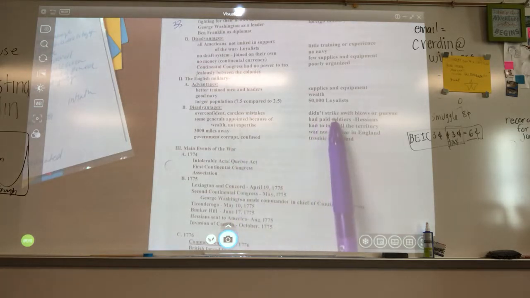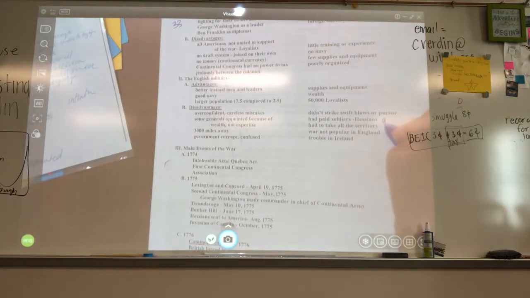Also, they didn't strike in swift blows. They had to pay the Hessians. The Hessians are German mercenaries that are coming in. Do you think these guys even care? No. They had to take all of the territory. The war was not popular in England because in order for them to fund this war, what would they have to do? Tax. And lastly, they had trouble in Ireland.